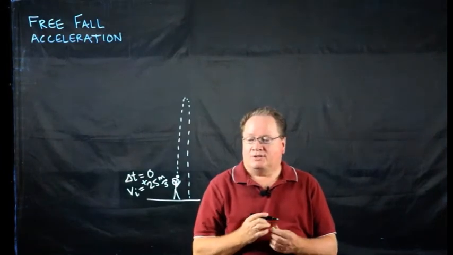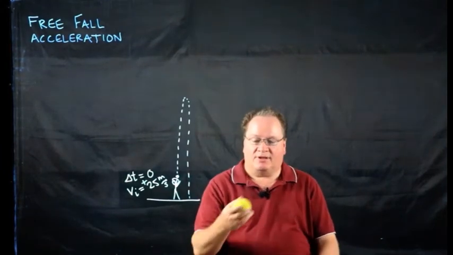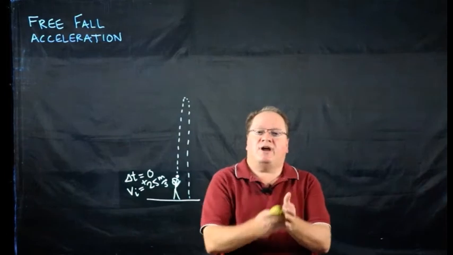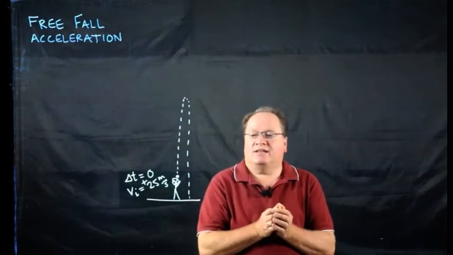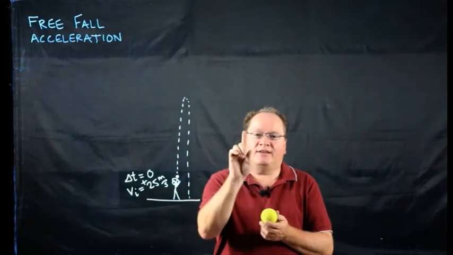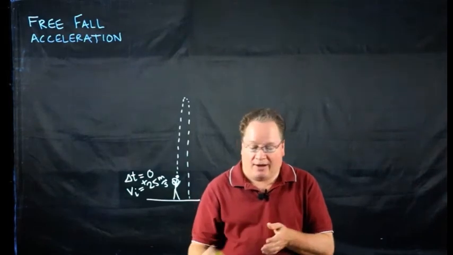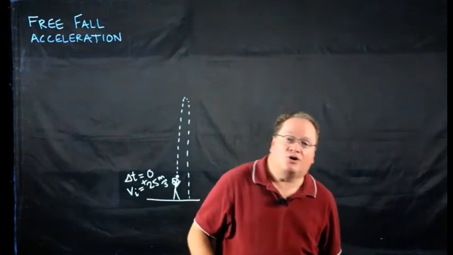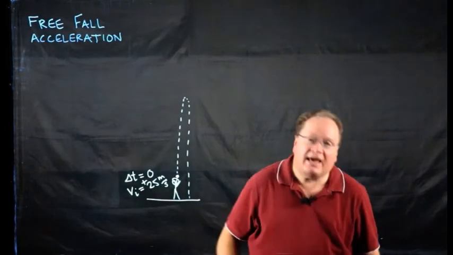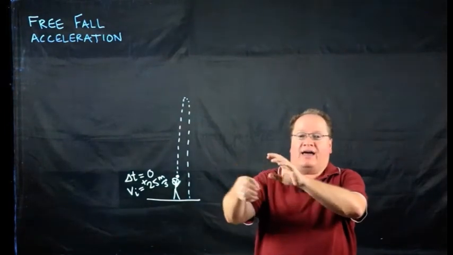Okay? So the moment it leaves the person's hand, it's traveling upward at 25 meters per second in the upward direction. Now, does gravity act on it? Is gravity acting on that ball after it leaves his hand?